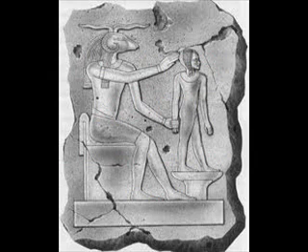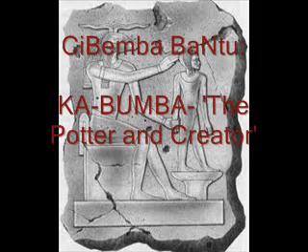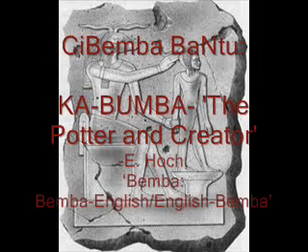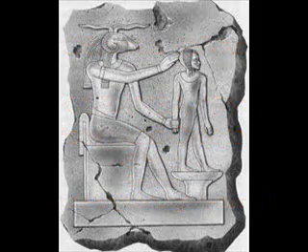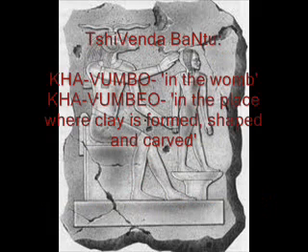Well, if we look in the Chibemba language, the word kabumba literally means the potter and creator. Well, we have to look at it. A potter molds clay, going back to vumba in Shivenda. A potter creates images and things out of that clay mass. Now, in the Shivenda language, the locative form of ku would be ka.